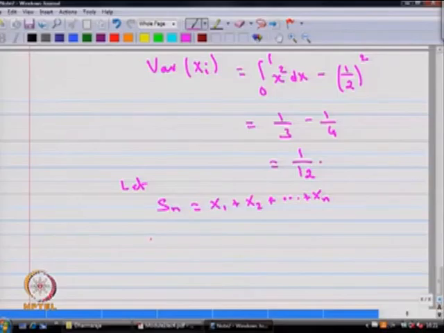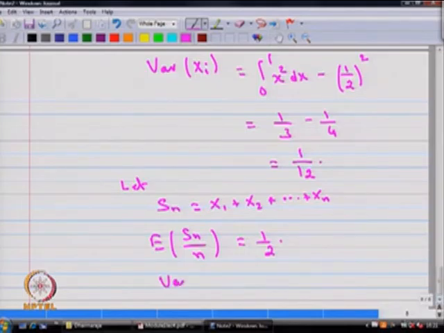But our interest is not finding the mean of S_n, our interest is to find the mean of S_n by n. That is basically, suppose Xi's are the samples, then S_n divided by n is nothing but the sample mean. So, expectation of S_n divided by n becomes 1 by 2.